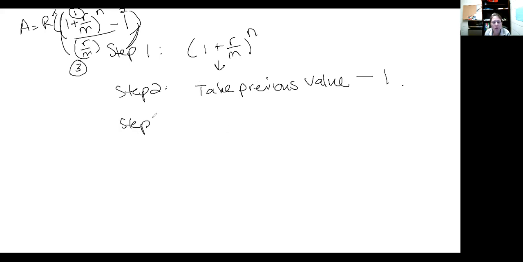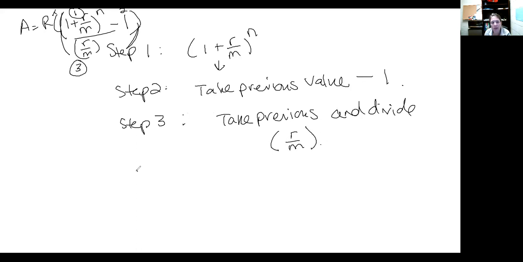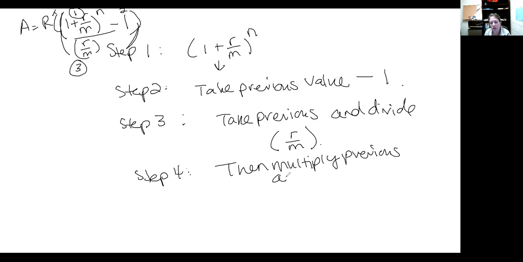Step 3 is then you take that amount and divide, and I would say again, you need to have parentheses around what you're dividing it by, the r over M. And then your last step would be to multiply the previous answer by your R value, okay?